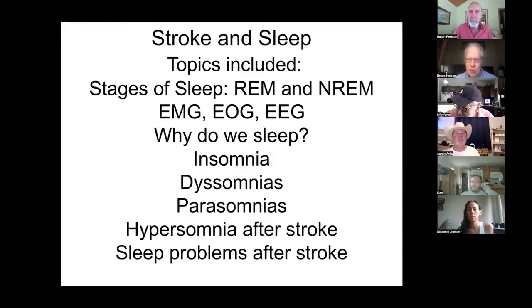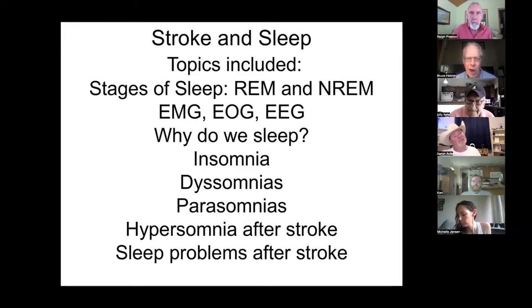Now, to determine what stage of sleep you're in, we need to record 3 parts of the body. EMG, electromyogram, that's muscle tone. EOG, that's electrooculogram, that's eye movement, and EEG, or electroencephalogram, that's brain waves.